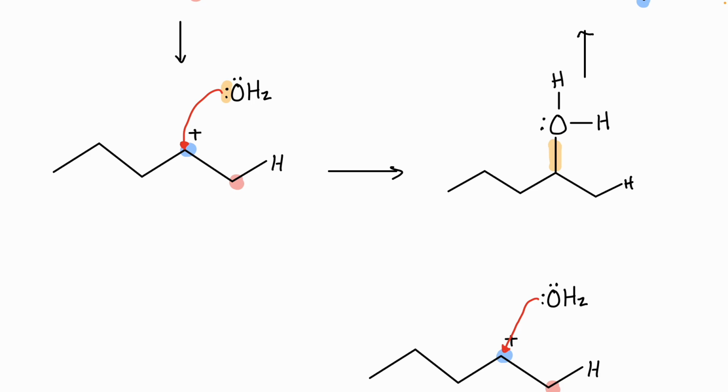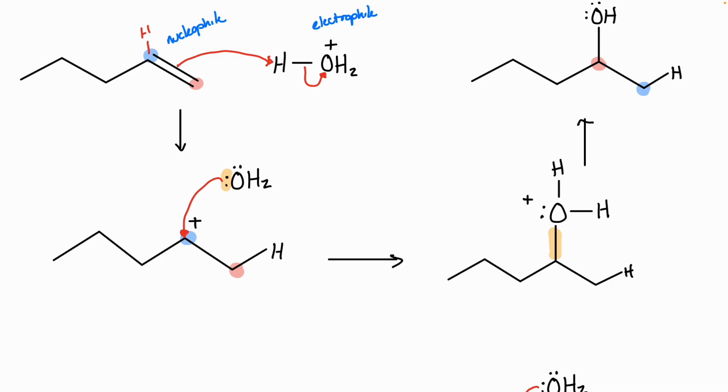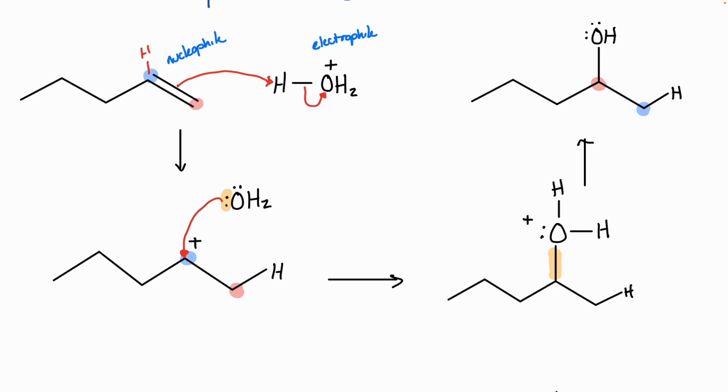So what else do I need to include on this intermediate when an oxygen has 3 bonds and 1 lone pair? That charge. Okay? So I'm close. I'm so close, but I'm not quite there yet. I have my hydroxyl group OH, and here I have OH2.